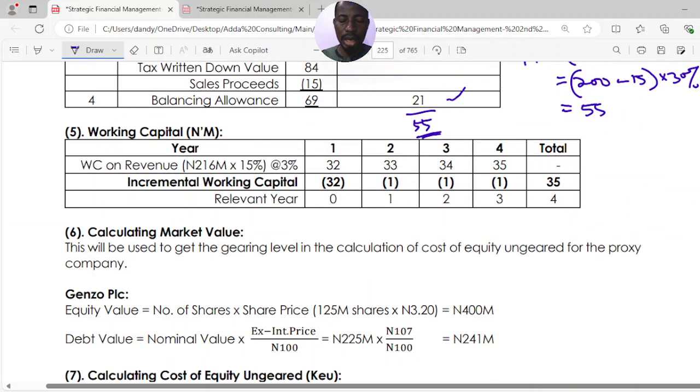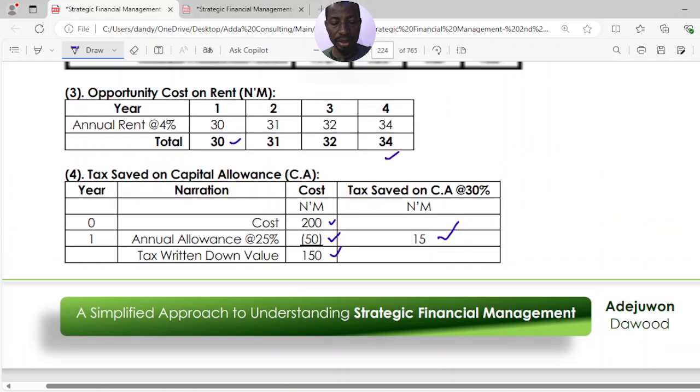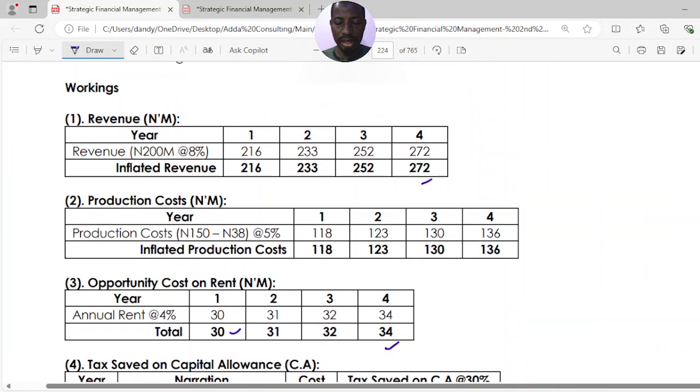Now the revenue in the first year is 216 million. This is it, 216 million.